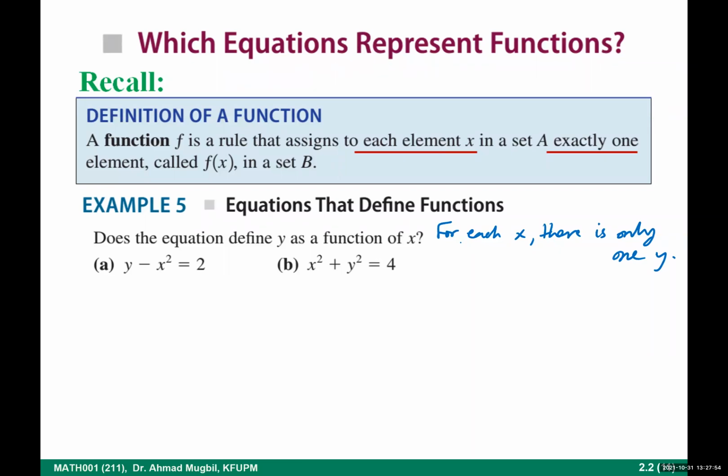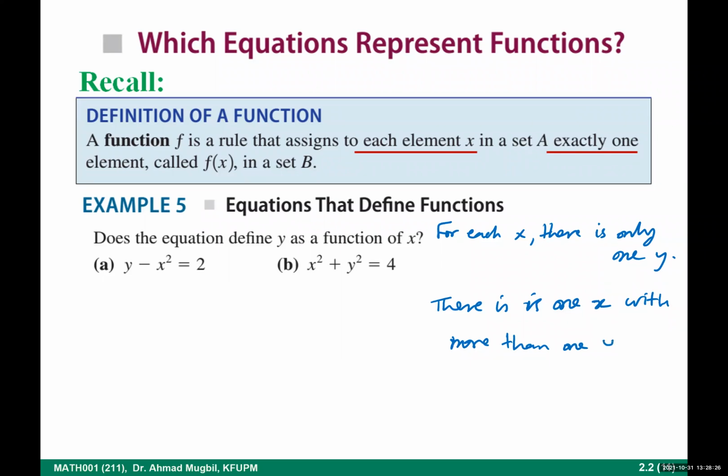What is the converse of this statement? There is at least one x. If you can find one x with more than one y corresponding to it, then what?